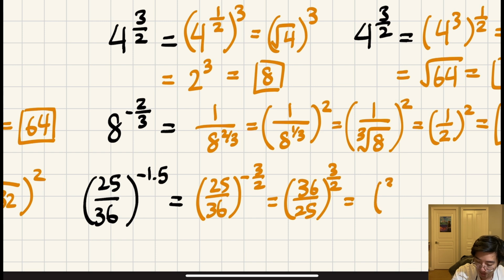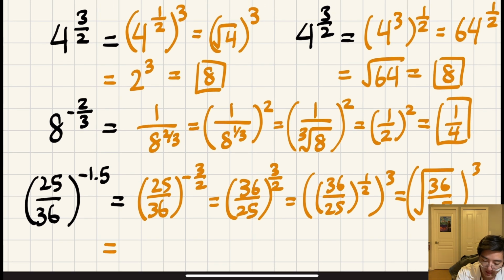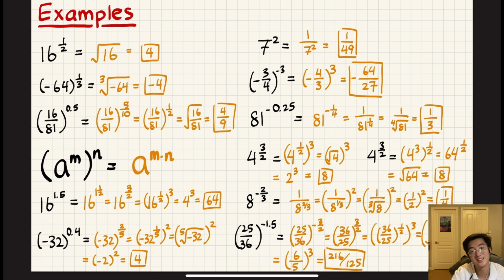Alright, we can split that now into 1 over 2, that's the denominator, times to the power of the numerator, which is 3. Okay, this gets us the square root of 36 over 25, all of that to the power of 3. The square root of 36 is 6, the square root of 25 is 5, 6 over 5 to the power of 3, we get 216 over 125. Right, voila, there it is.